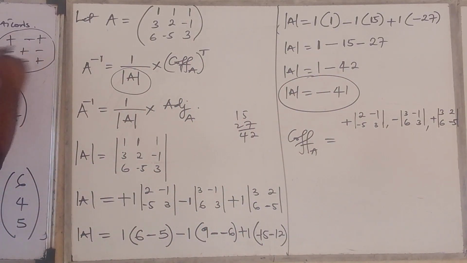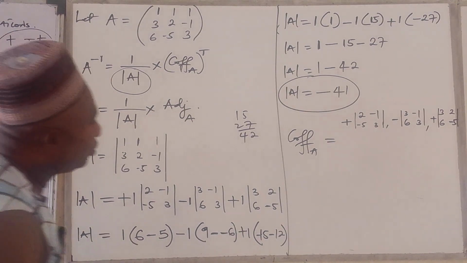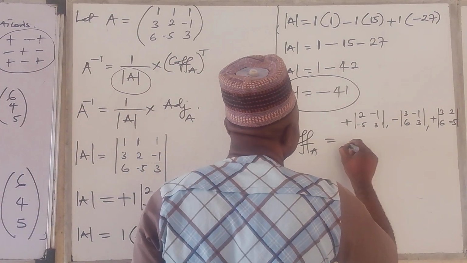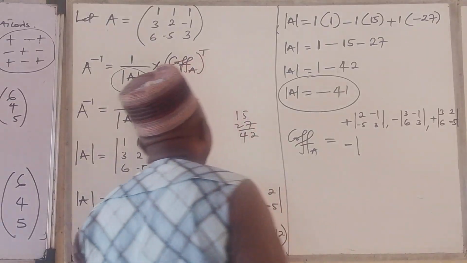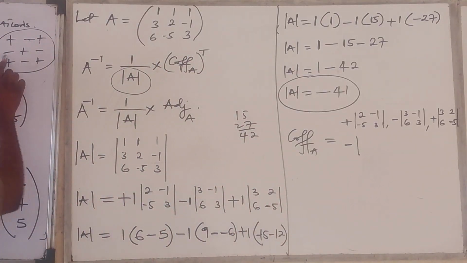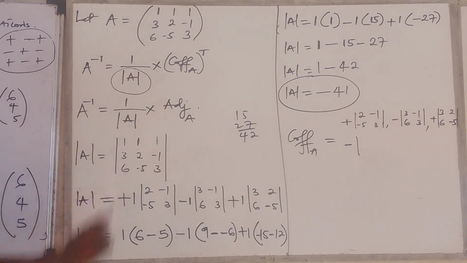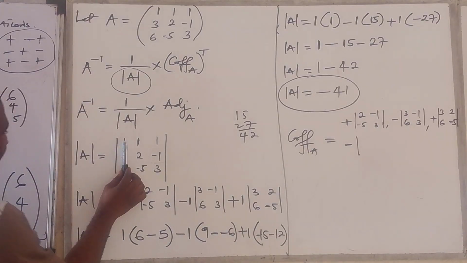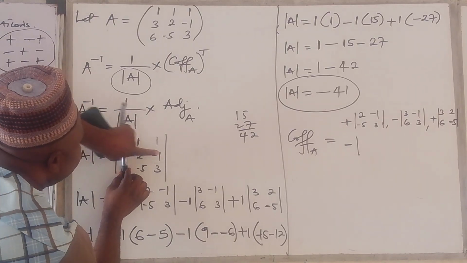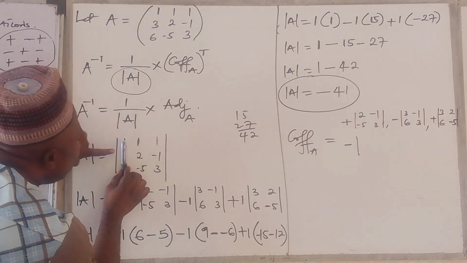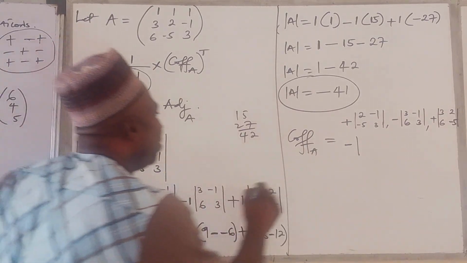Now we're going straight to the second row. For the second row, you pick minus. If you look at the position of this minus, that is where we have 3. So now you close the 3 in the column, and you close the 3 in the row. So we have 1, 1, minus 5, 3.